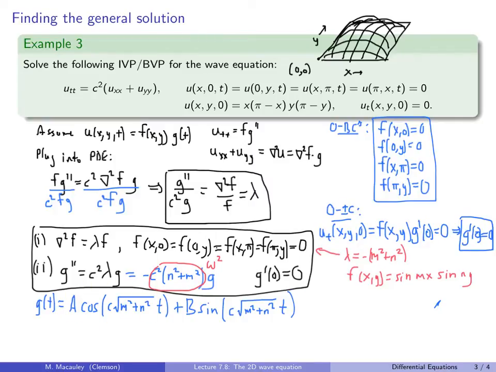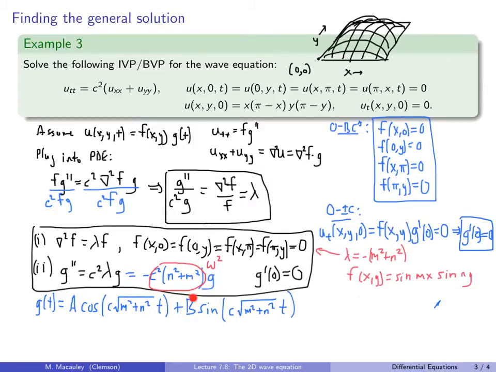However, G prime of 0 does the opposite. G prime of 0 kills off the sine term. I'm not going to do this; if you want to check on your own, you're encouraged to. But let's try to do it in our head. G prime of 0: take a derivative and plug in 0. What happens? You take a derivative and you get G prime is a times this constant times sine of this. You plug in 0, that goes away.